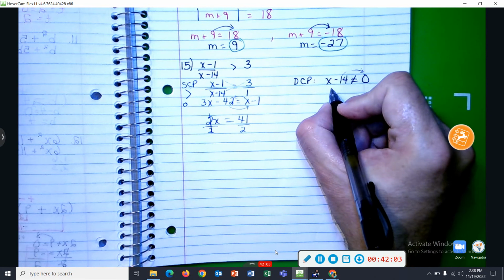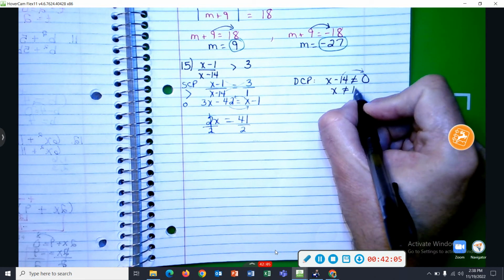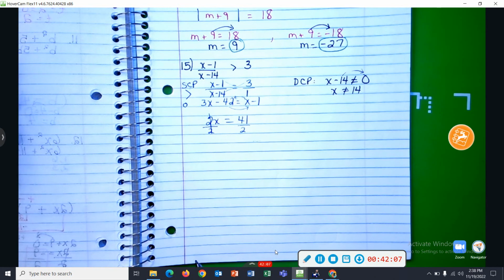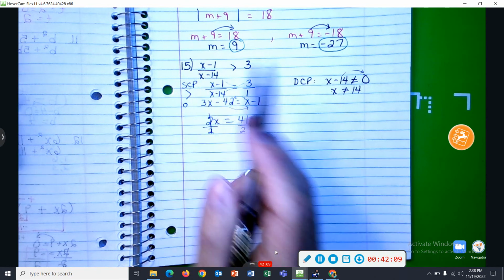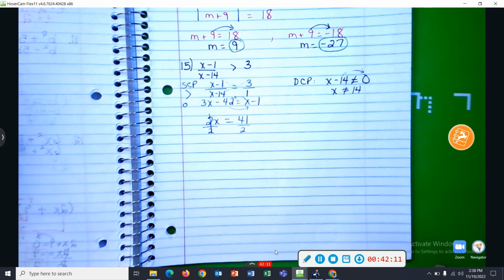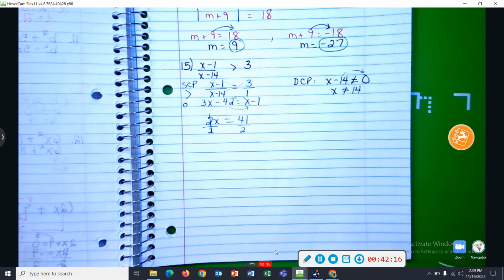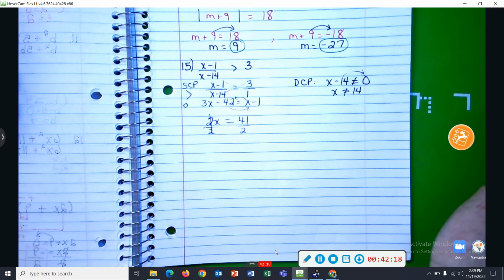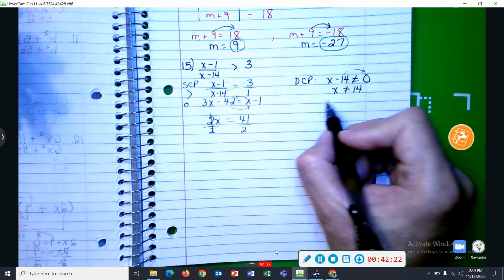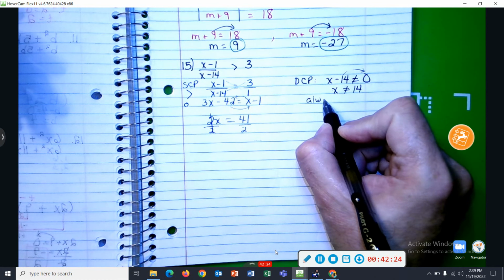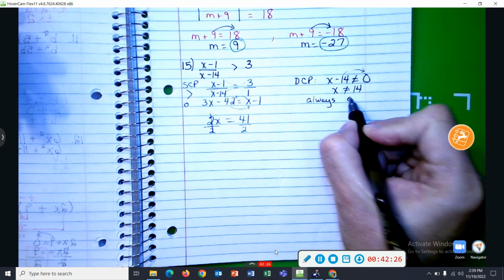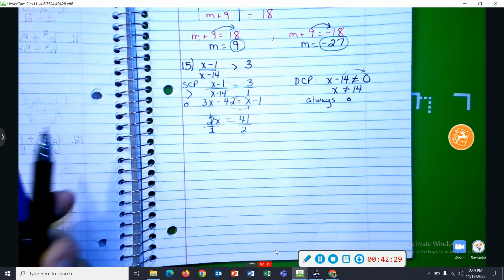So x can't be positive 14, because if x were 14, we'd have 13 over 0. Punch that in your calculator and you'll get an error warning. Now, denominator cut points are always open circle because you never want a denominator of 0.